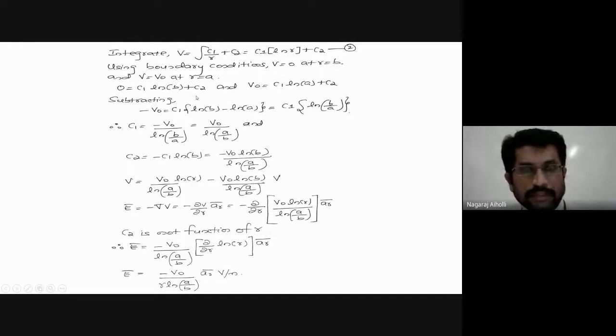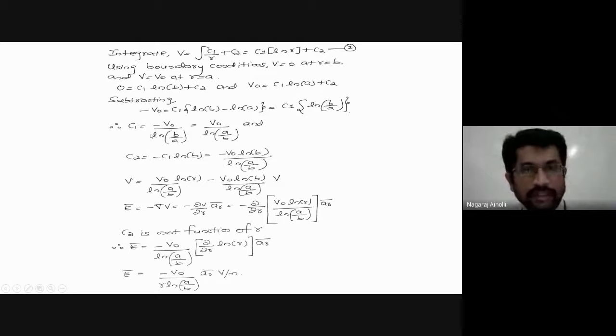We'll subtract one from another. Subtracting this equation from this, we get 0 minus V0 is minus V0, equal to C1 ln b minus C1 ln a. C1 is common, I'll take C1 outside, ln b minus ln a. C2 minus C2 is 0, therefore we get C1 ln of b by a is equal to minus V0.